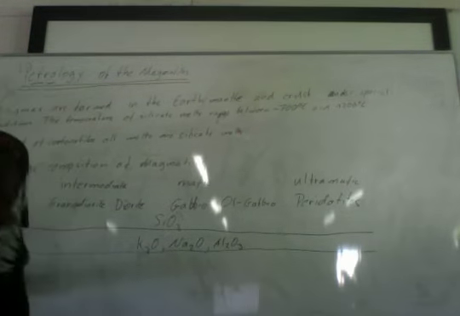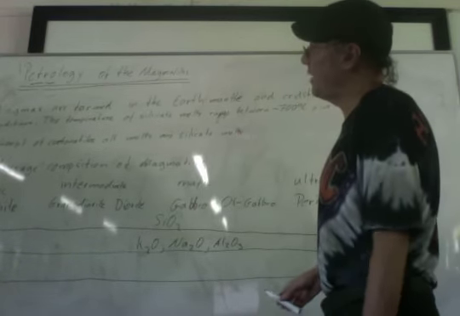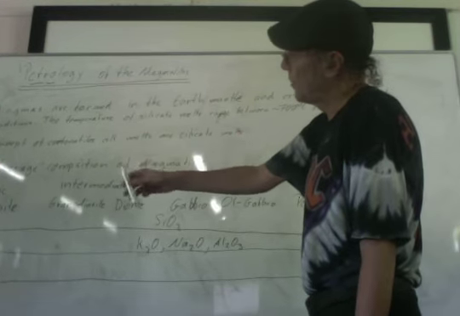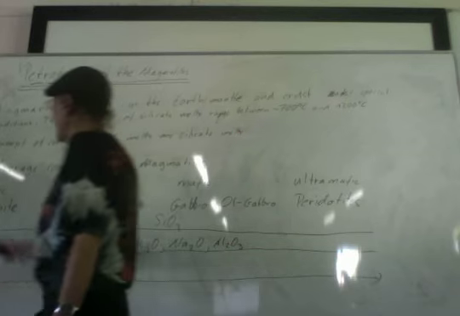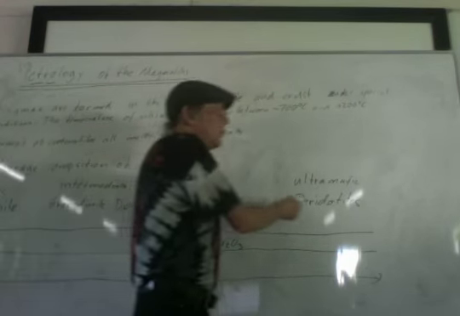So and now we are going the opposite way around. Which elements are increasing from left to the right? That means they are increasing while we have a felsic rock and going to an ultramafic rock.